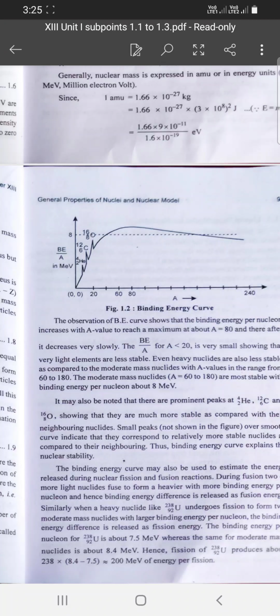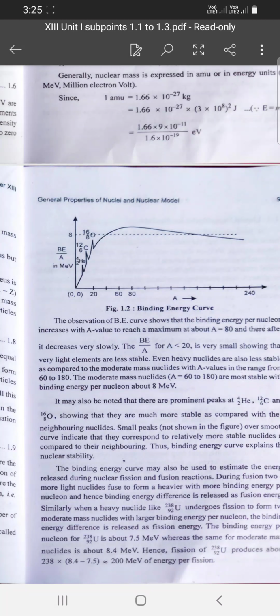Moderate mass nuclides, A equal to 60 to 180, are most stable with a binding energy per nucleon of about 8 million electron volt.